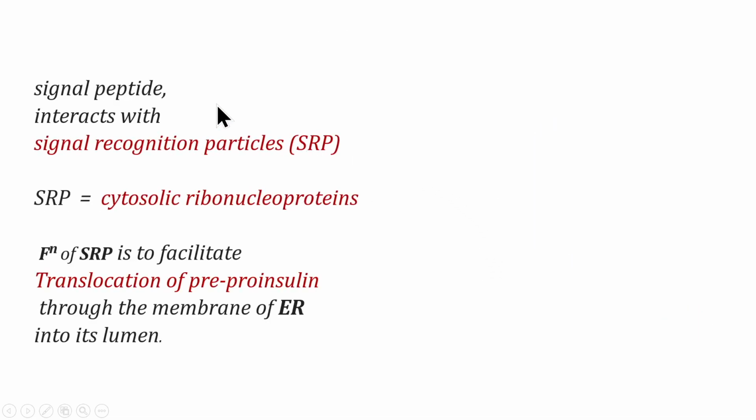The signal peptide interacts with signal recognition particles. Signal recognition particles are cytosolic ribonucleoproteins. The function of these signal recognition particles is to facilitate the translocation of pre-pro-insulin through the membrane of the endoplasmic reticulum into the lumen.